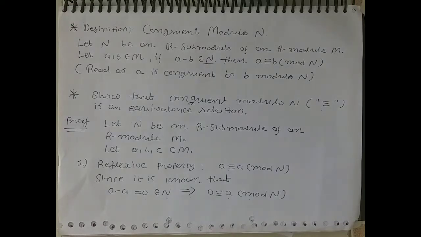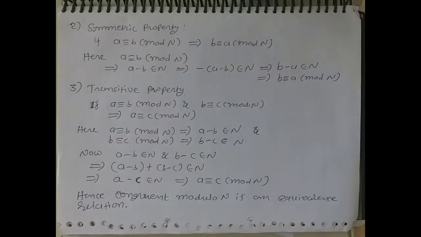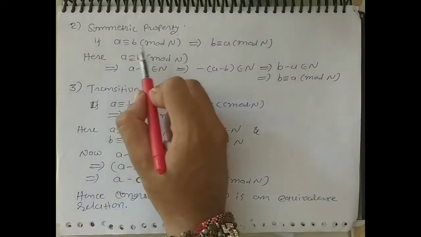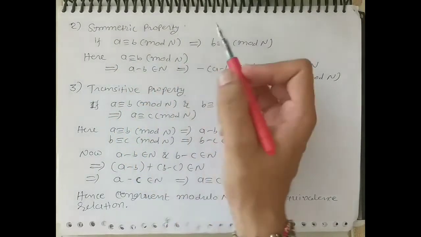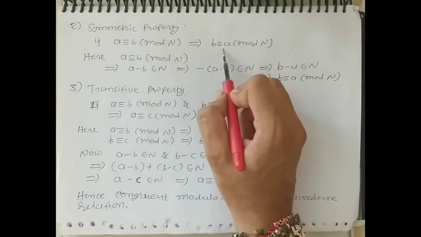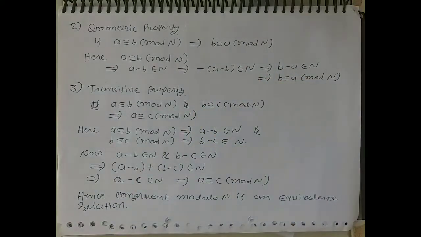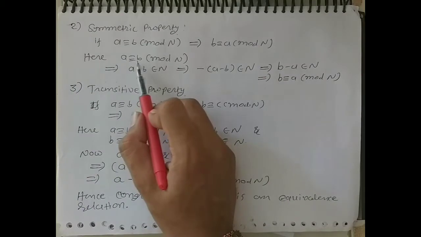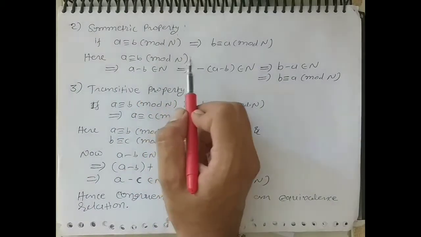Now next is the symmetric property. If A is congruent to B modulo N, then our aim is to show that B is congruent to A modulo N. Here A is congruent to B modulo N is given.